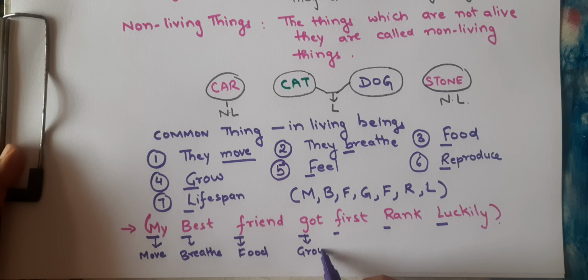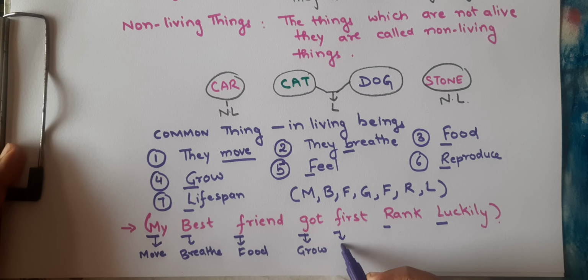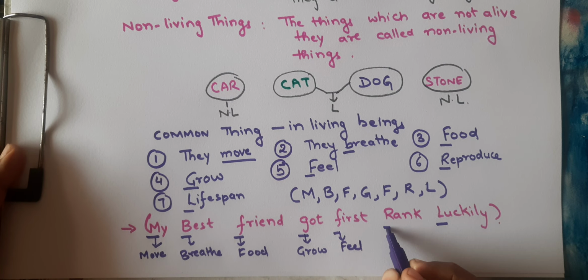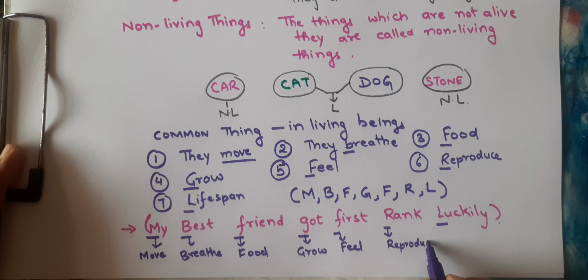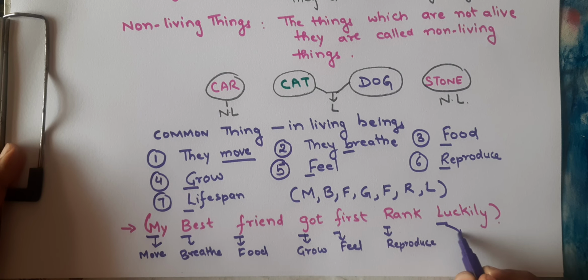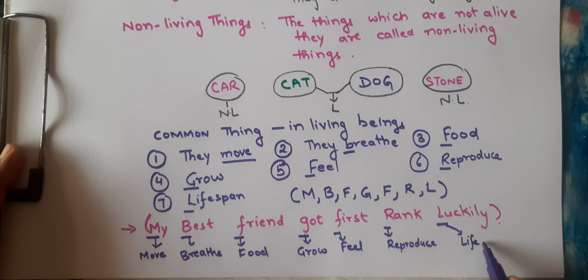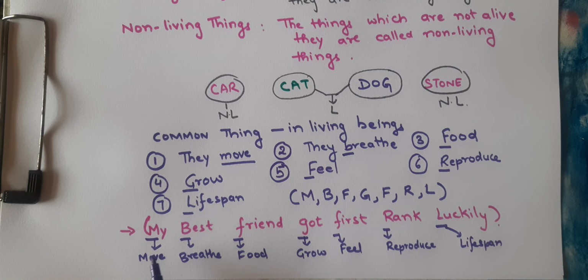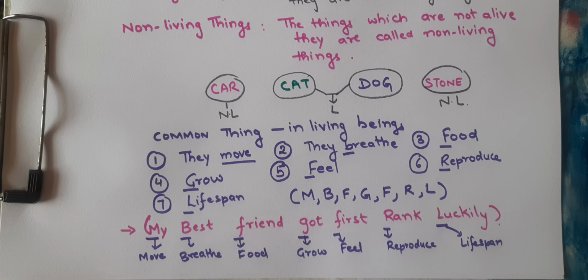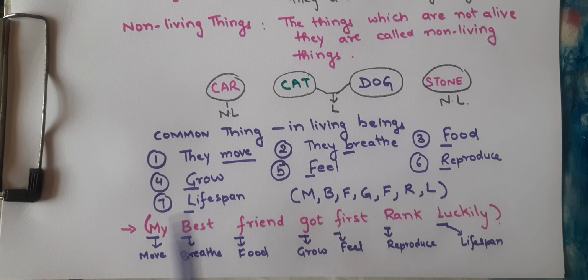G, the living things grow. F, feel. R, reproduce. And L, lifespan. So you just have to remember, my best friend got first rank luckily, and this sentence will encompass the characteristics of the living things. Okay, you understood? Is that clear?